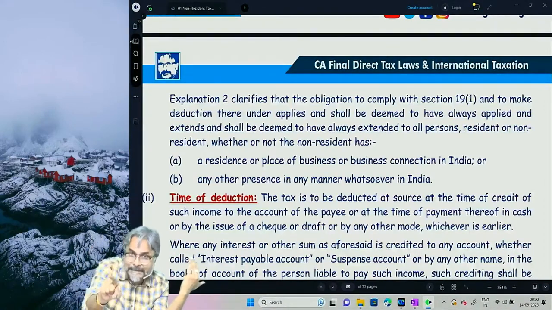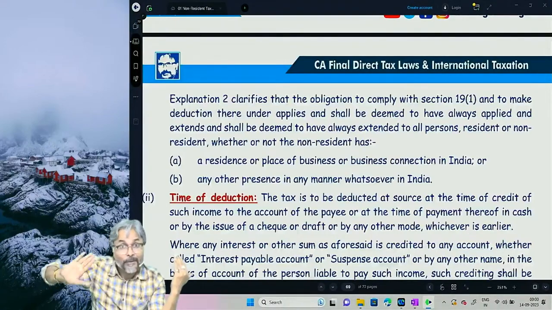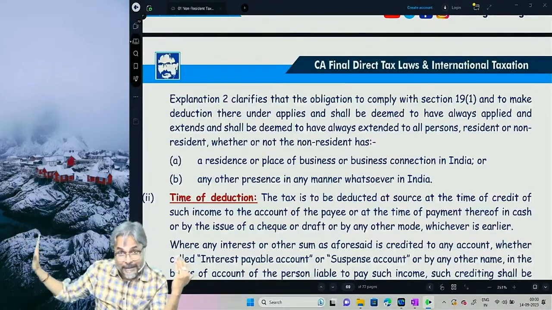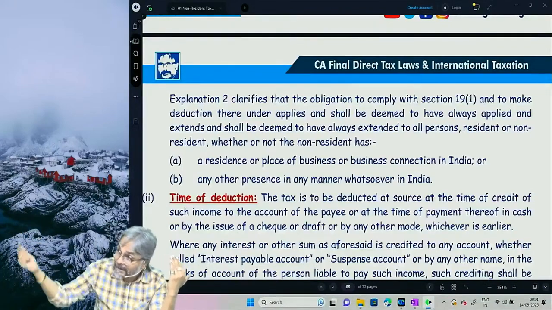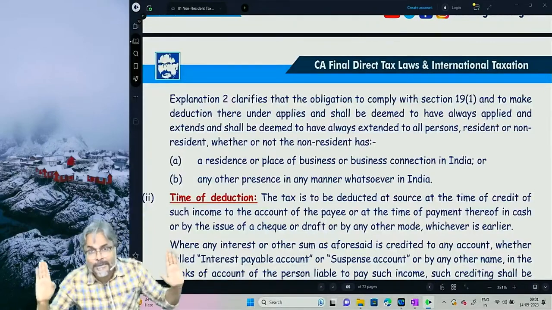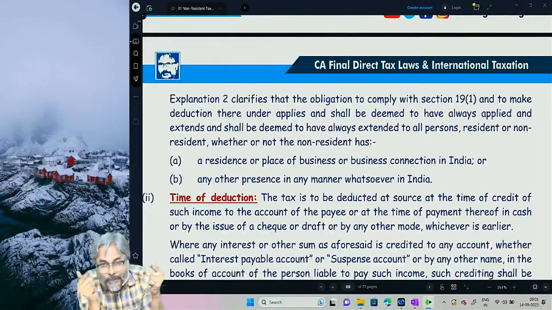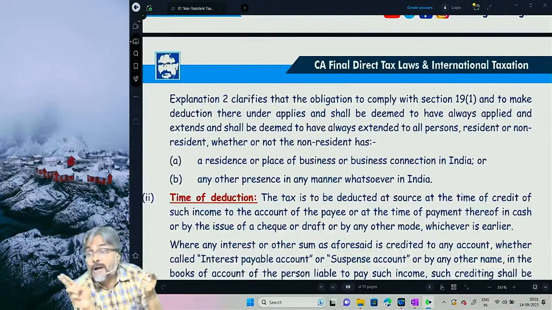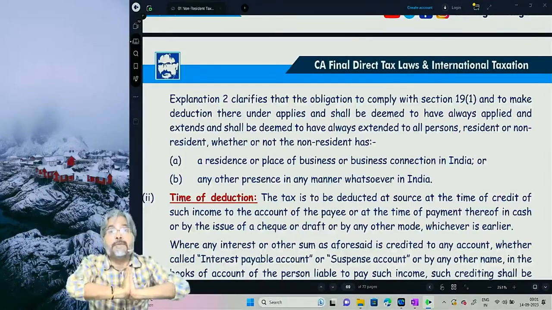If this is satisfied, then the payer, whosoever the payer may be, resident or non-resident, we don't care, will come under the obligation to deduct TDS. And we also don't care, if the payer is a non-resident, whether the payer has any physical presence in India, a place of business in India, or a business connection in India. All these are nonsense questions.